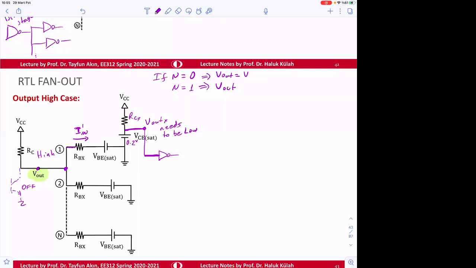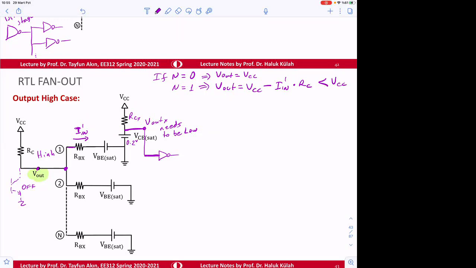This time V out is going to be VCC minus IN prime times RC, so it will be less than VCC.